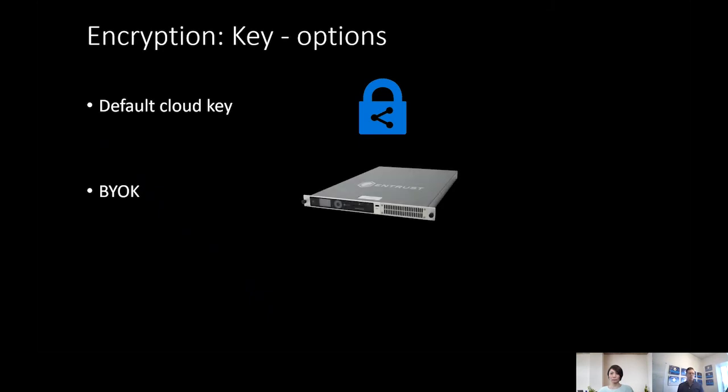If you have rules and regulations saying that for our company, we need to create our own keys for encryption, we are not allowed to use third-party key encryption. Okay, then we have an option to use bring your own key, where we can create our own key with an HSM. Ian is going to talk more about that later on.